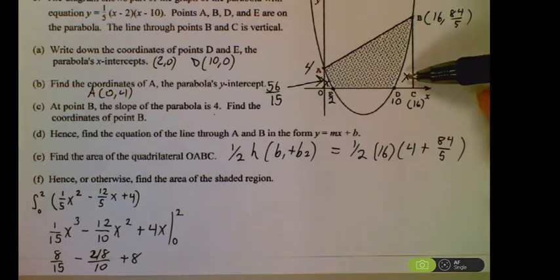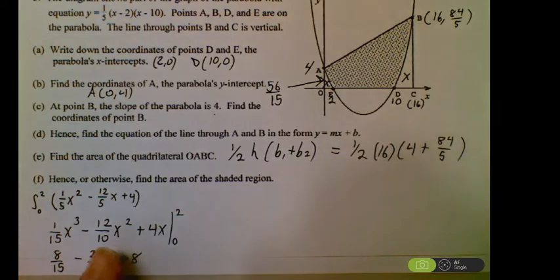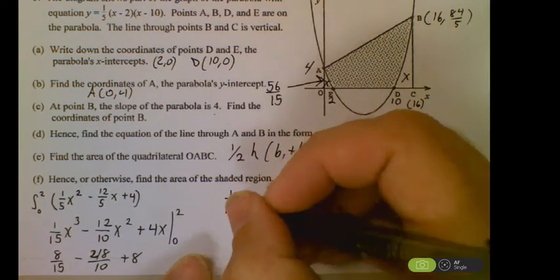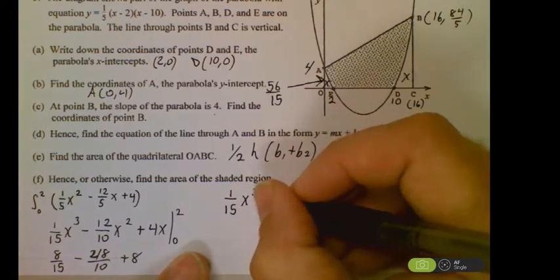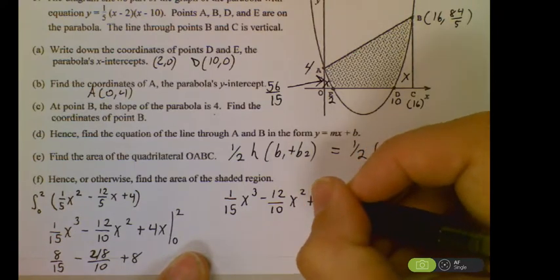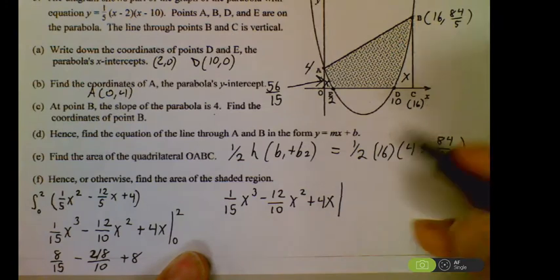And then now we also need to get rid of that x as well. So again, I'm taking the same function that we have right here, and I already have the setup for it. So let me just use what I already have. So I know the integral was 1/15 x to the third. And there's the rest of it. So I'm now evaluating that from 10 to 16.